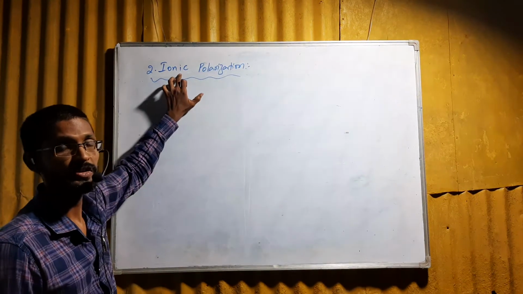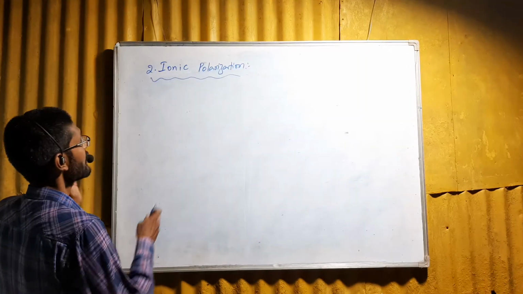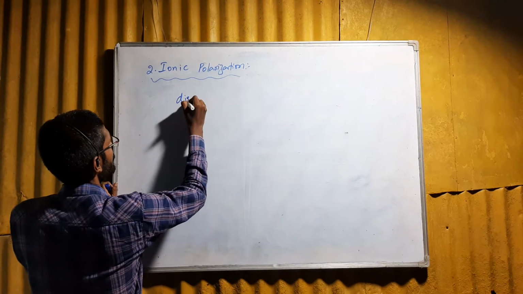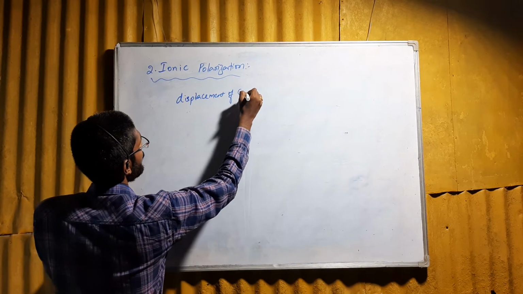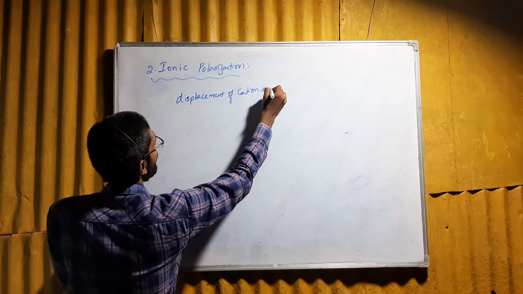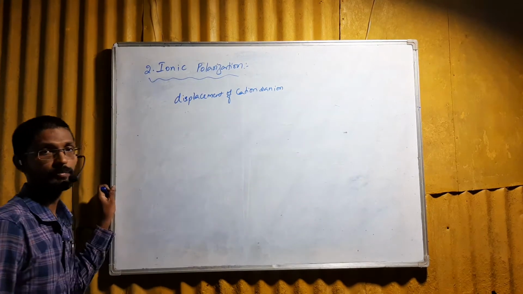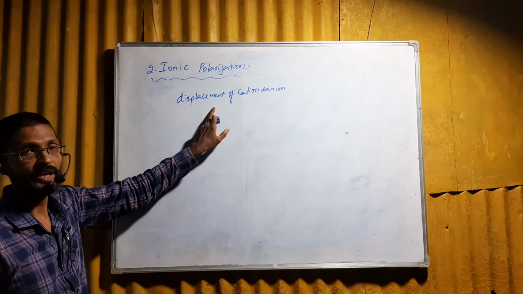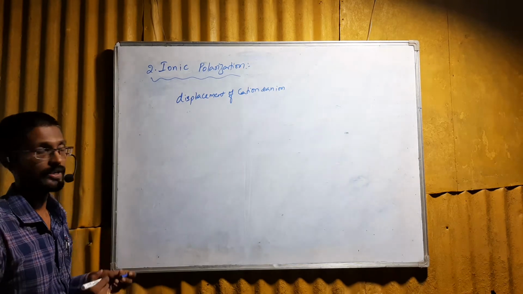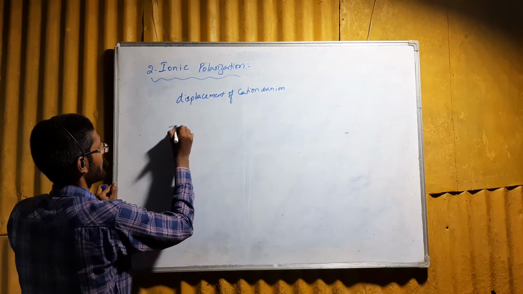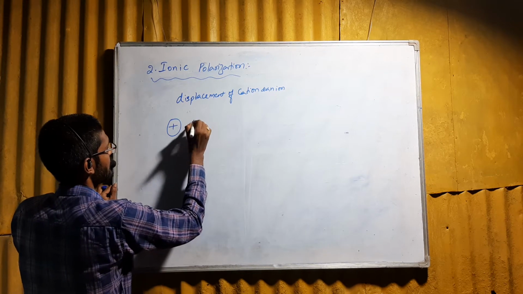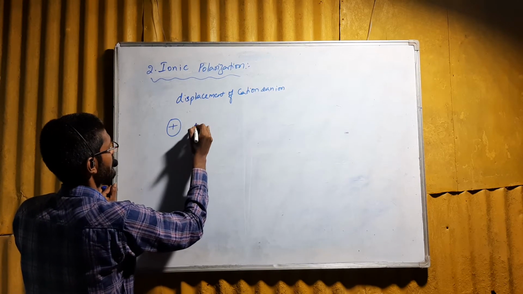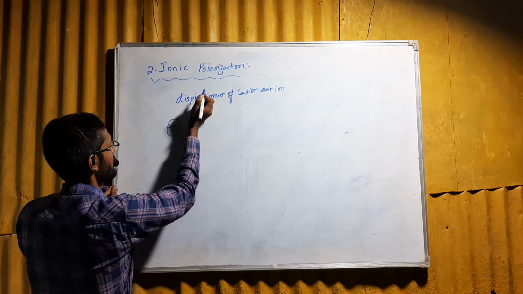So ionic polarization means the displacement of cation and anion in dielectric material due to applied electric field. Let us consider a dielectric containing a positive ion and a negative ion.